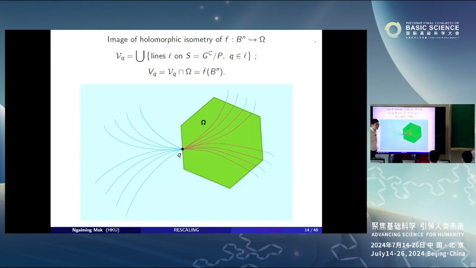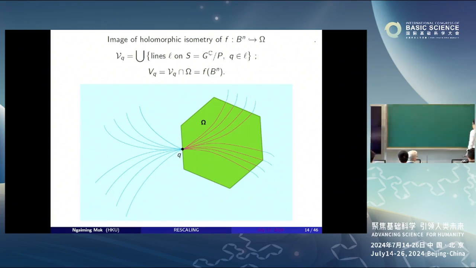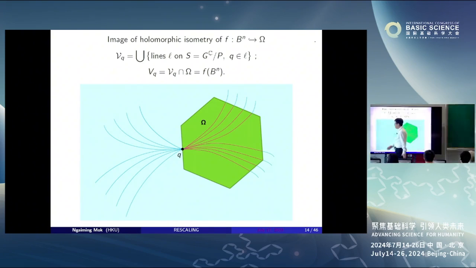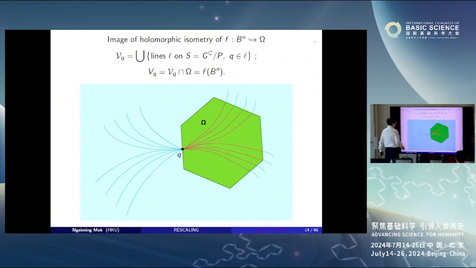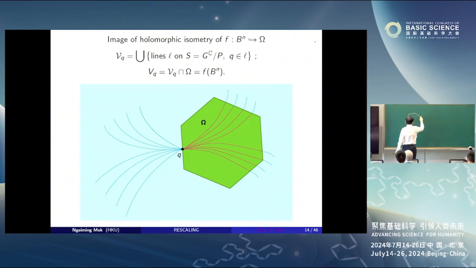Now, for some time again, I was under the impression that it's very difficult to construct a holomorphic isometry of the ball, two ball, for instance, into a bounded symmetric domain, for instance. Until I hit upon an example, and this example turns out to be very important for my later study.